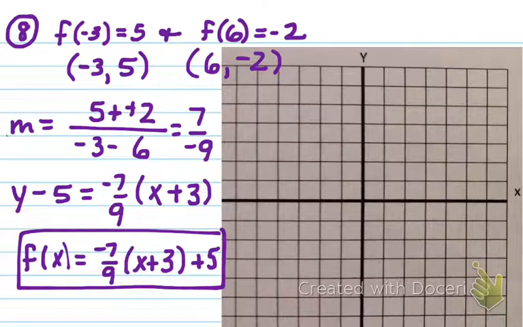And then we are to graph this, and I want to demonstrate for you that the form of the equation is really kind of irrelevant as long as you know a point, and we'll plot the point negative 3, 5 first, and its slope, which was negative 7/9. So from that point we simply count down 1, 2, 3, 4, 5, 6, 7, and to the right 9, which puts me over here. Let me double check that.